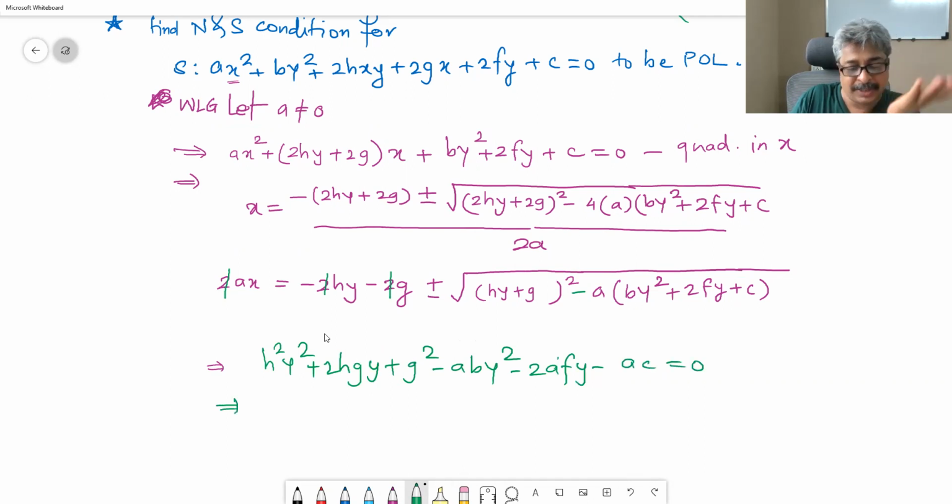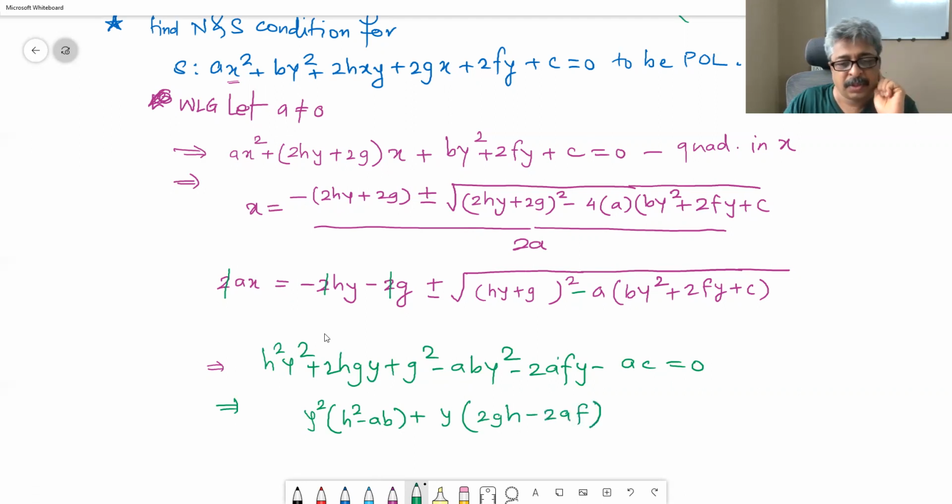Now we have to consider this as a quadratic in y, and it has to be a perfect square. Therefore y square inside the bracket (h square minus ab), plus y into (2gh minus 2af), and then the constant term g square minus ac is equal to 0.